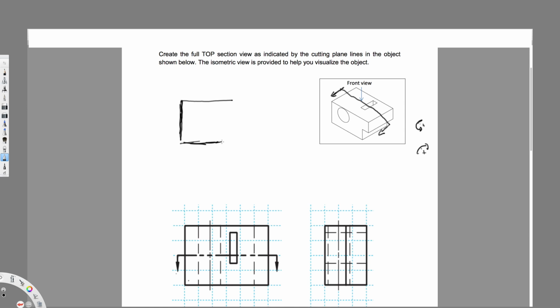Actually, to draw this object, you have to draw 45-degree and construction lines. Since I don't have the measurements, I just roughly draw it. You have to draw 45-degree lines, connect every line, and be exactly sure what you're drawing there. You have to show exactly as it is. That's what you have to do. But when I rotate this object, this is how it's gonna appear. This is gonna be my top view.